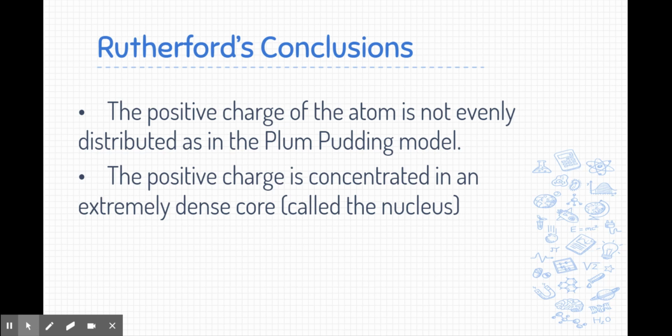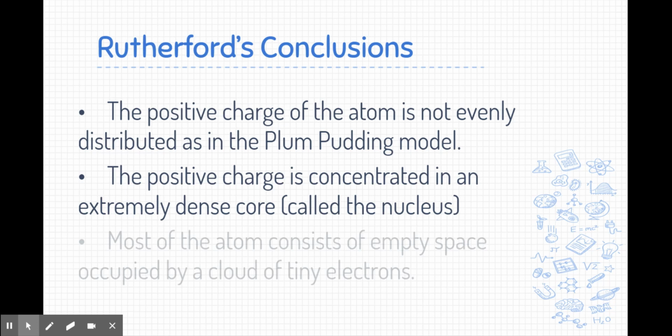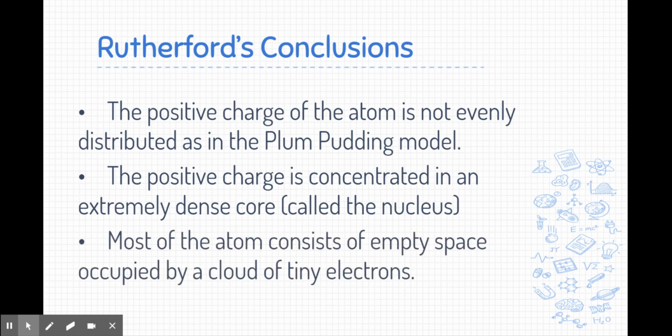And we've referred to that as the nucleus. So this is why we call this the nuclear model, because he concentrates not only the positive charges, but most of the mass of the atom in a small, dense core. And then he separates the electrons. So he separates the location of the positive and negative charges. And the negative charges are in a cloud of tiny electrons.